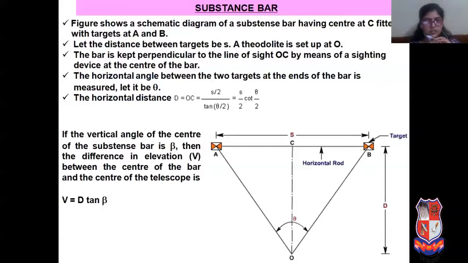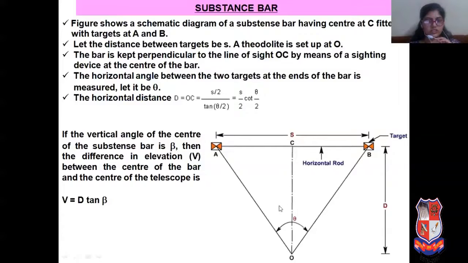So this figure shows a schematic diagram of subtense bar having a center C and with two targets, capital A and capital B. Let the distance between two targets be small s and the theodolite is set up at point O. The bar is kept perpendicular to the line of sight OC by means of sighting device at the center of bar. The horizontal angle between the two targets at the end of bar is measured. Let it be theta.